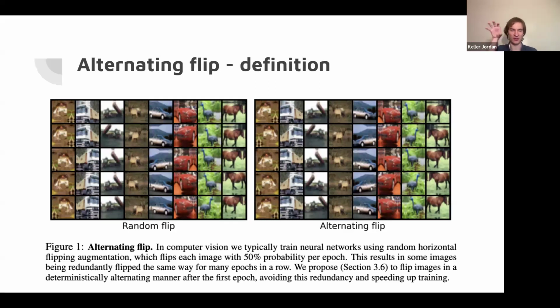It'll be moved around a little bit by the random cropping, but it's the same flip. This happens many times, and half the images are the same in any 2 epochs. So alternating flips just says, let's flip everything every epoch. In the first epoch, you flip half of everything, and after that, it just alternates between epochs. So it fixes the situation where you have potentially repeated flips.